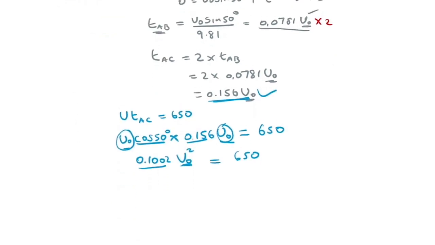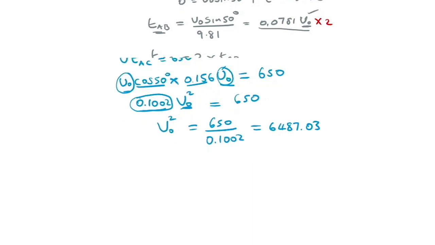Then we make V initial the subject of the formula: 650 divided by 0.1002.